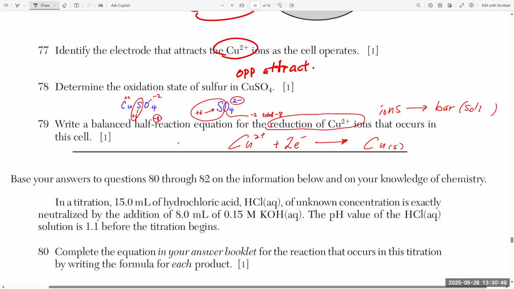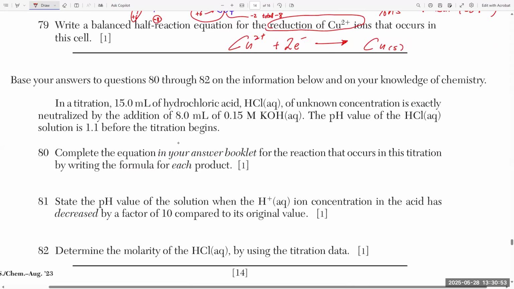So let's go to the question. It says, complete the equation in your answer booklet. Well, let's read it first. And it's titration. Again, immediately as you see titration, what am I thinking? I'm seeing this: 15 milliliters of hydrochloric acid, that's volume, of unknown concentration.